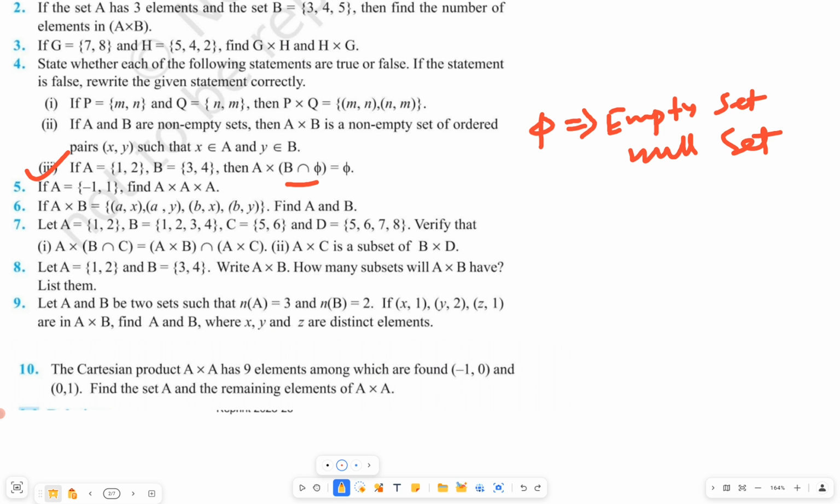The intersection of any set with the null set is null. That means B intersection phi equal to obviously phi.